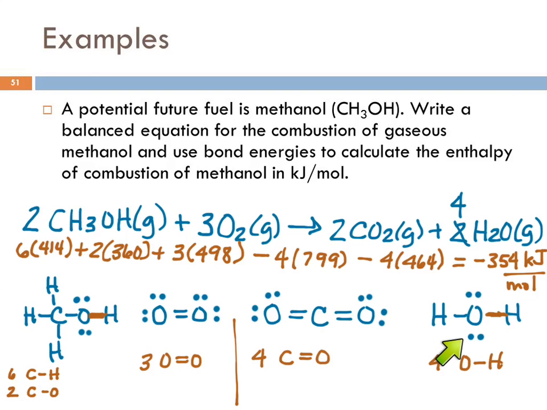But how many are there over here? There's 4 of these. So only 2 of those were pre-existing. So really not such a good idea to do it this way. So it's actually minus 6 times 464?